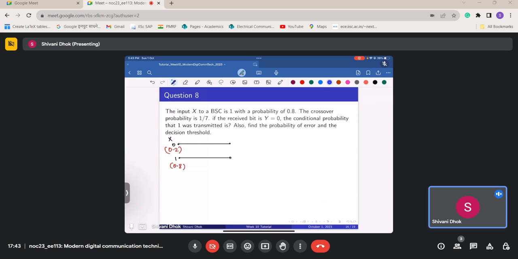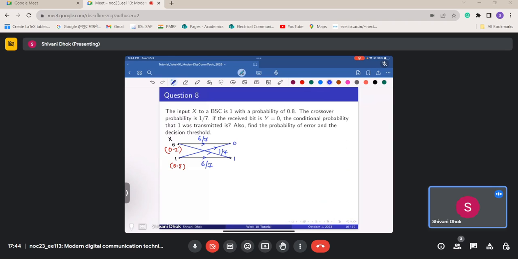The crossover probability is 1 by 7: 0 being received as 1 has probability 1 by 7. Similarly, 1 being received as 0 has the same probability 1 by 7. 0 being received as 0 has probability 6 by 7, and 1 being received as 1 also has probability 6 by 7. So this is given to us.